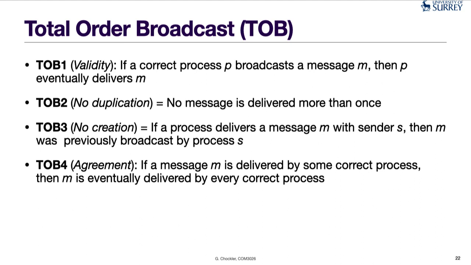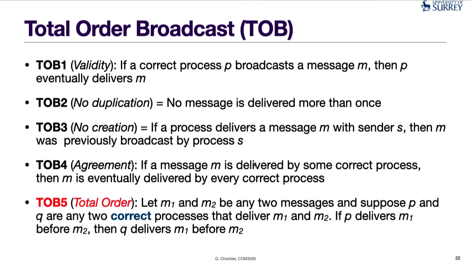The fourth property is agreement. This is what we required from non-uniform reliable broadcast, and it says that if a message M is delivered by some correct process, then M is eventually delivered by every correct process. The most interesting property is property 5, which is total order, and this captures our intuitive notion of what total order delivery means.